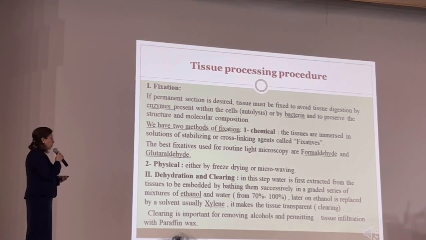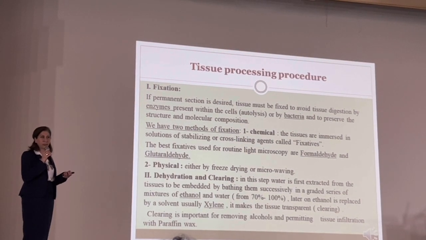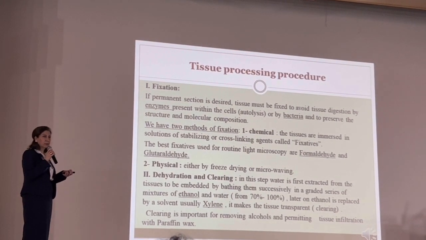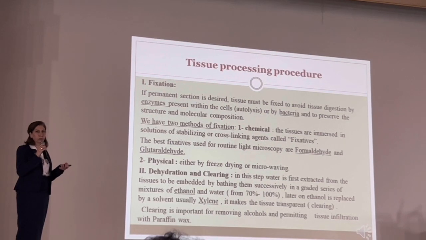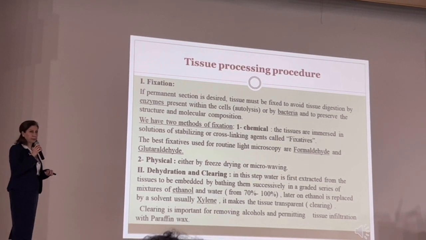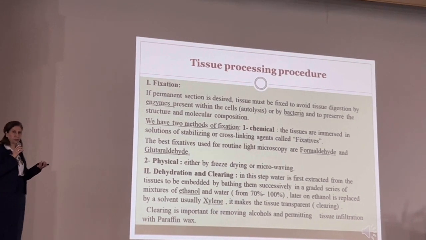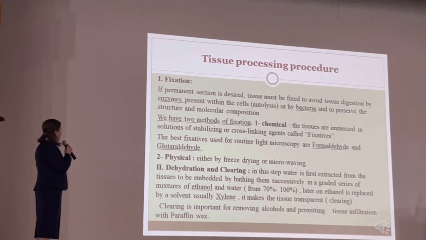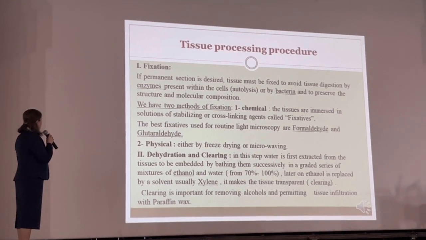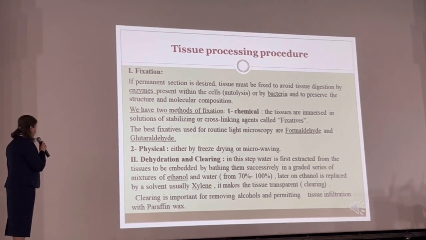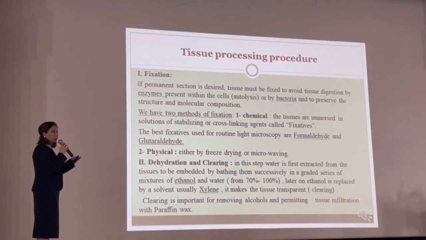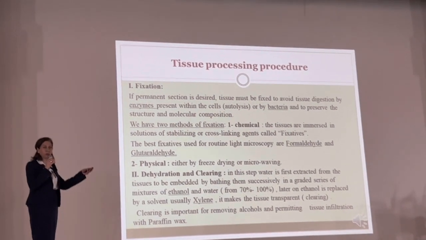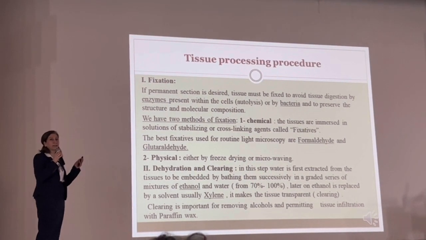You have to memorize these agents and their use, and what is the most favorable type used routinely for undergraduate examination under the light microscope. Regarding fixation, which is the first step, if we want a permanent section to remain in our laboratory to be studied for long periods, these tissues should be prepared and fixed before.